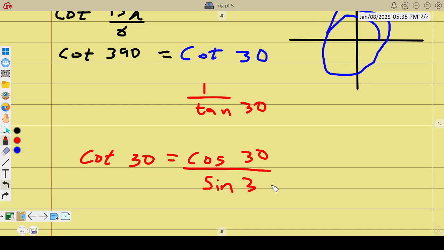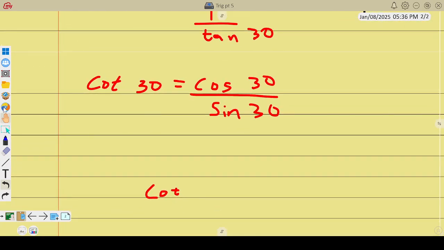So you can use any of these. I think this one is faster and easier. Oh no, they're just the same. So let's solve it faster and proceed using that.